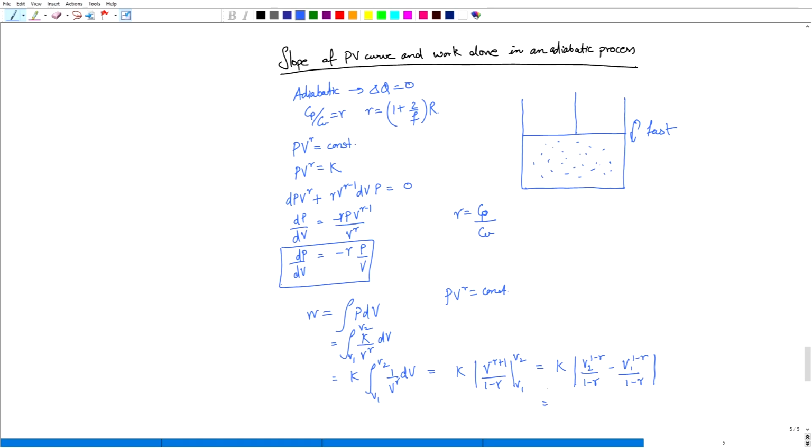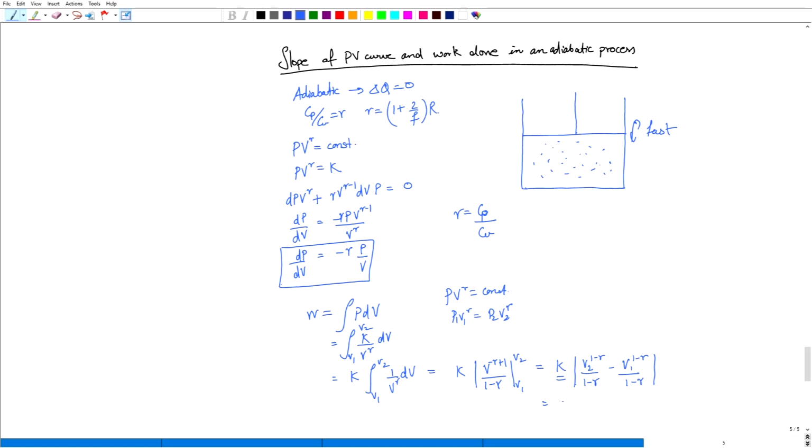K we know, that is P1 V1 to the power gamma equals P2 V2 to the power gamma. So I can write like this here. I am smartly taking K with V2 as P2 V2, with V1 as P1 V1.